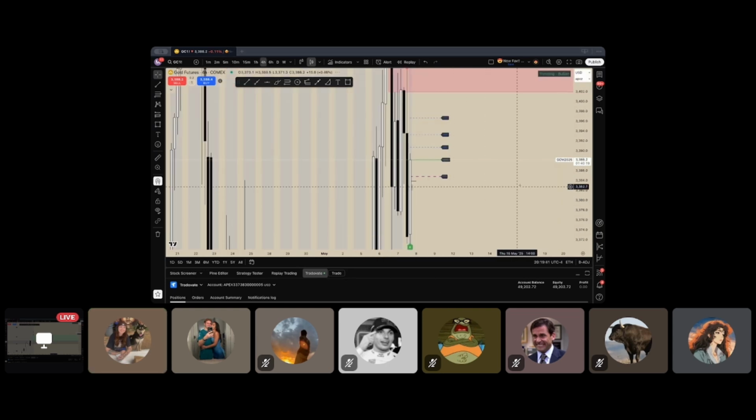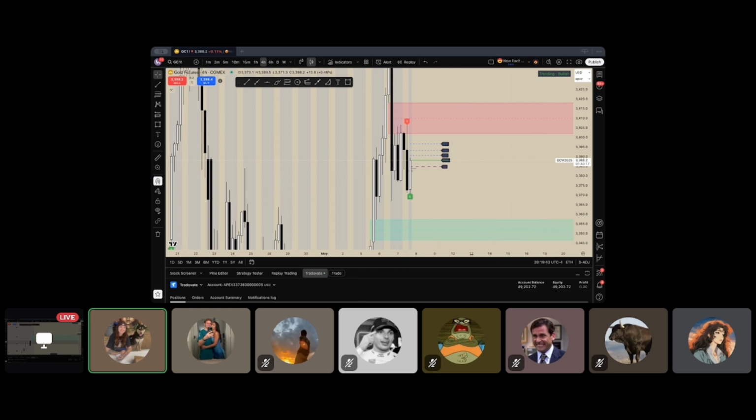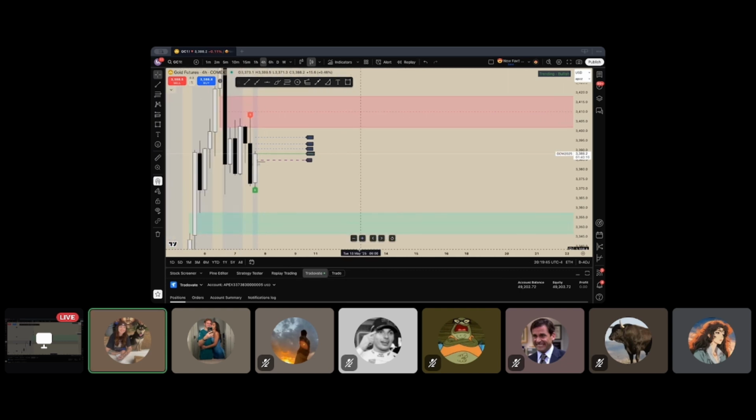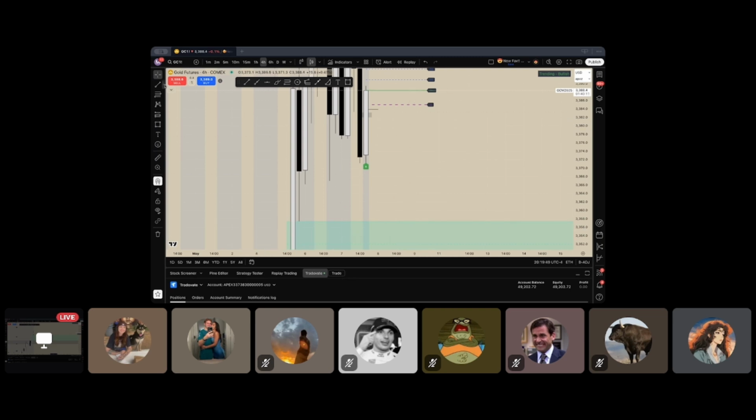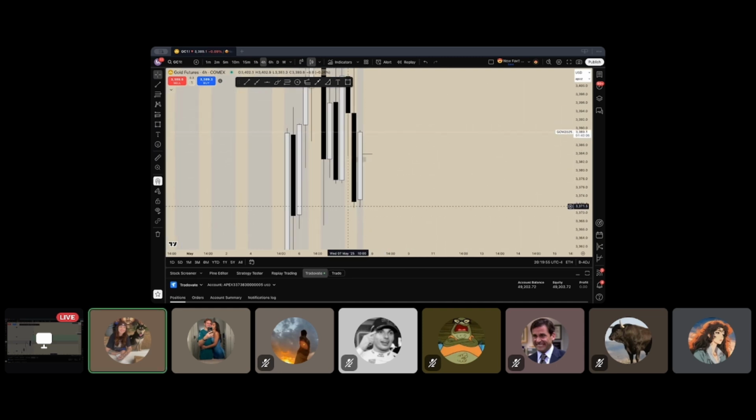And look at this, y'all. Another thing for ICT, you could easily have seen this coming right here. Equal lows, swept. Boom. Equal lows, swept. Boom. Right there.